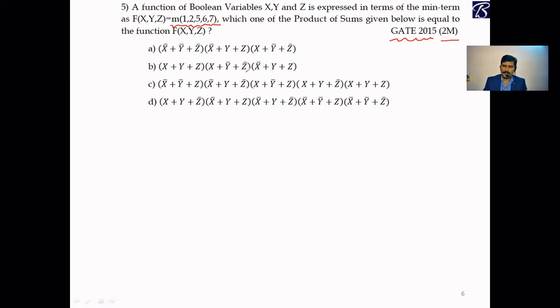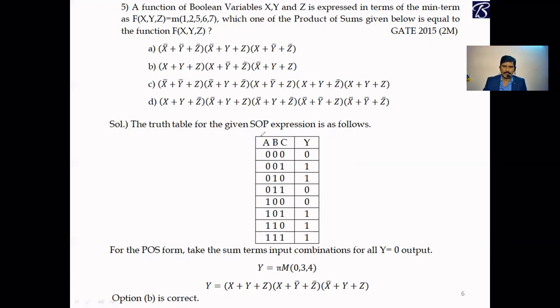Now what is our concept? Take the truth table. For the given min terms, you write all ones. In the truth table, the remaining ones you write 0 and write the expression for 0 for the product of sums. That's all. So let us see. For the given SOP, write the truth table.